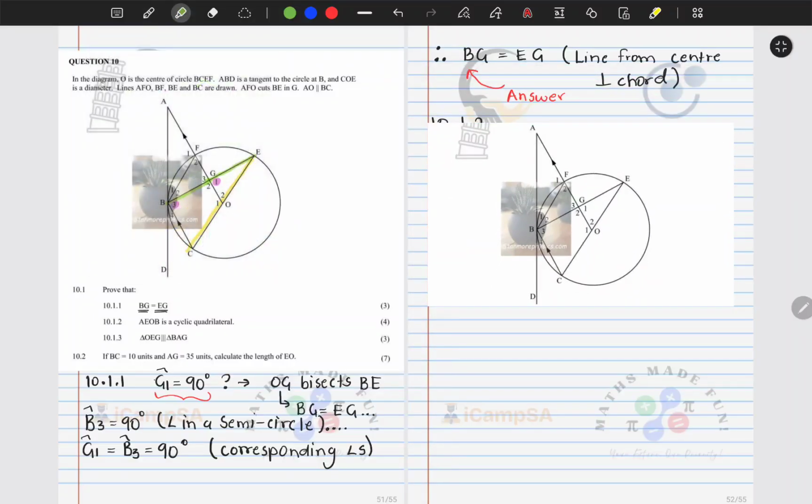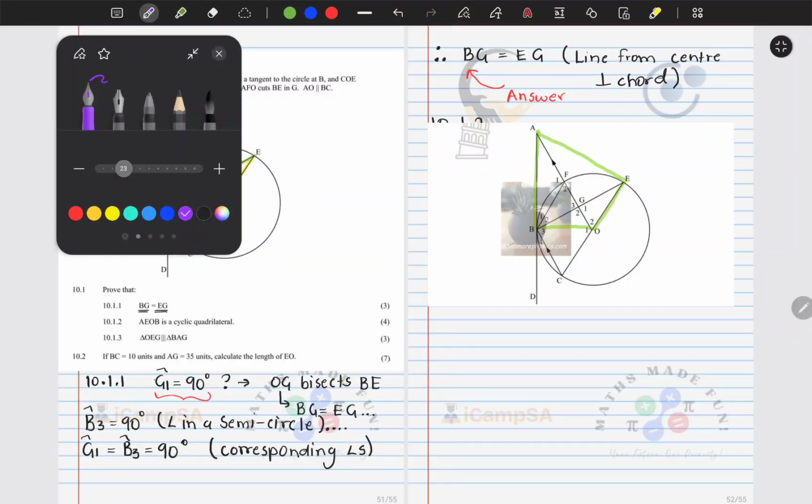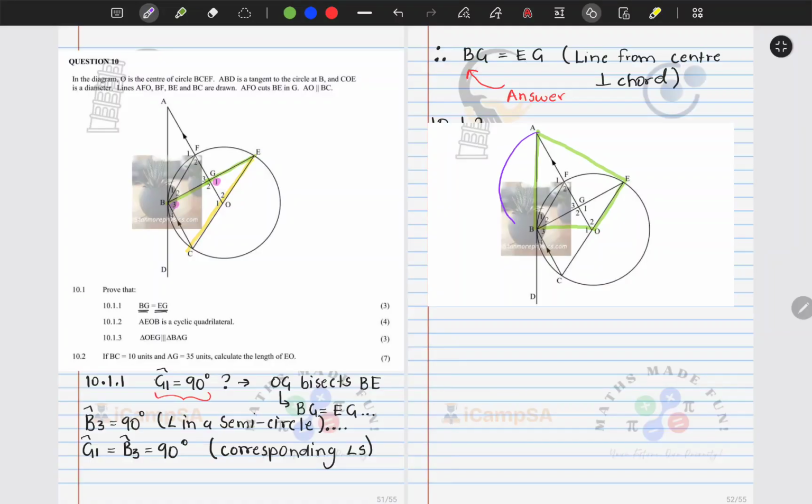What we are told is that we have A, E, O, and then B, like that. Okay. So we need to show that this will end up forming a cyclic quad.